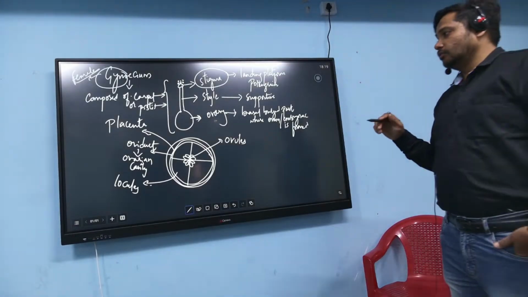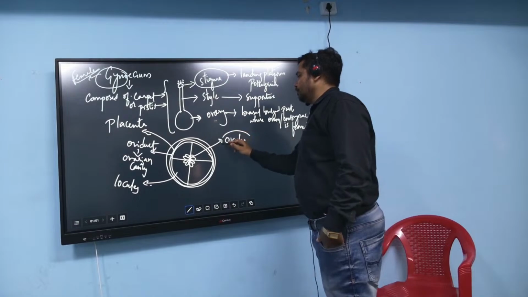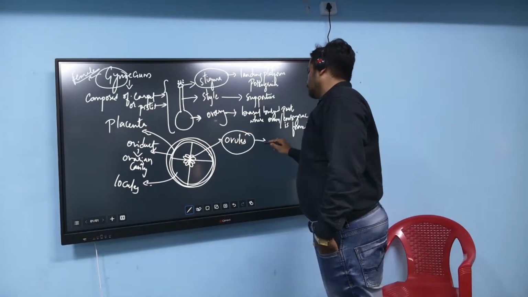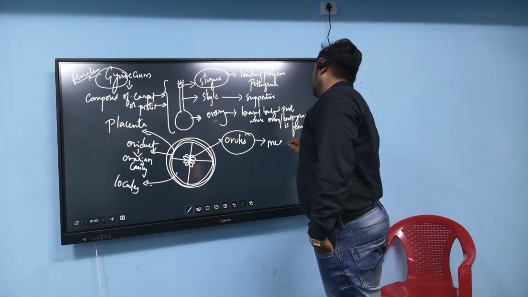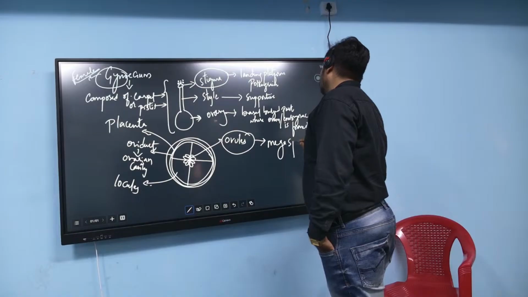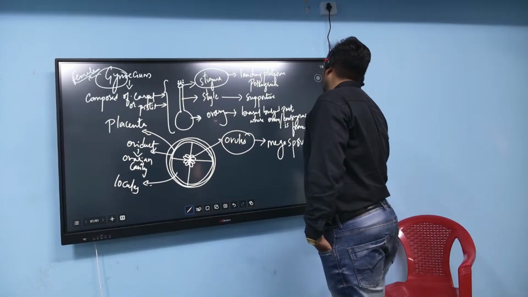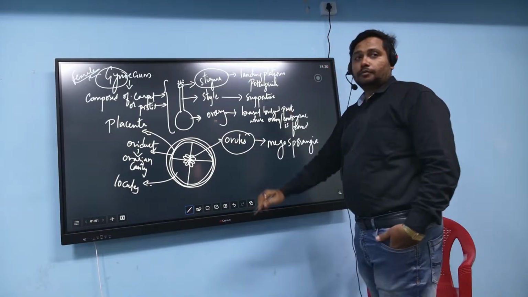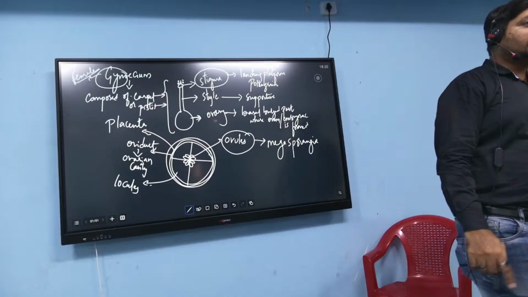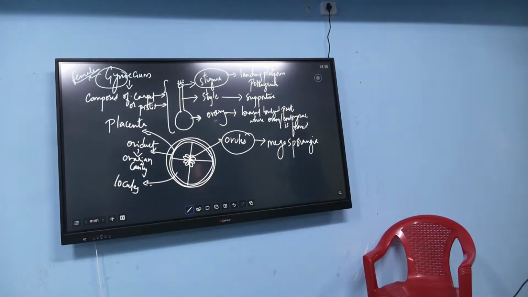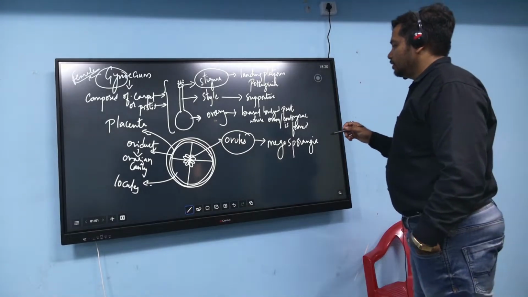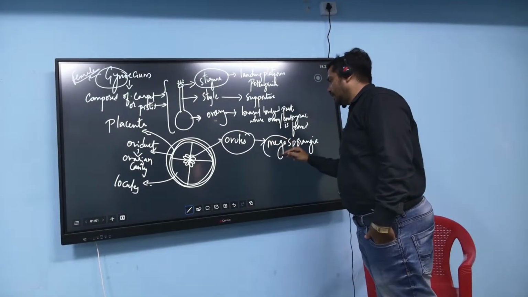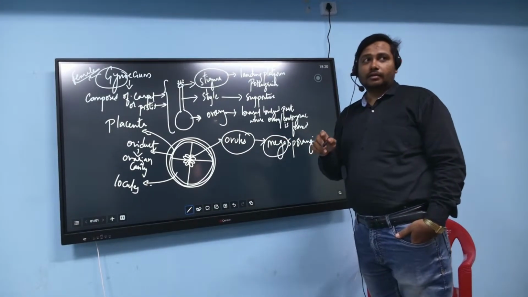Now, another name for this ovule is megasporangia. In the males, we have microsporangia. In biology, remember, whenever the word mega is used, that is used for females.